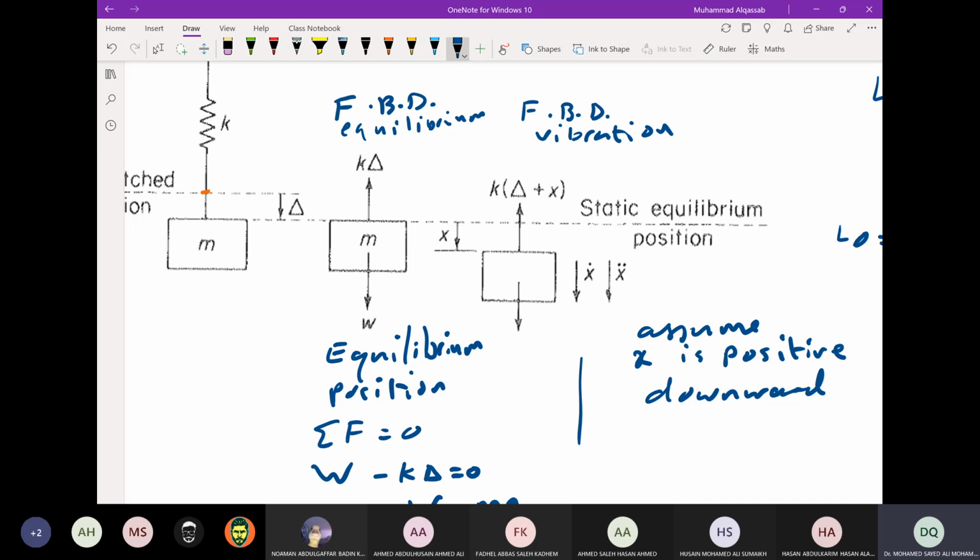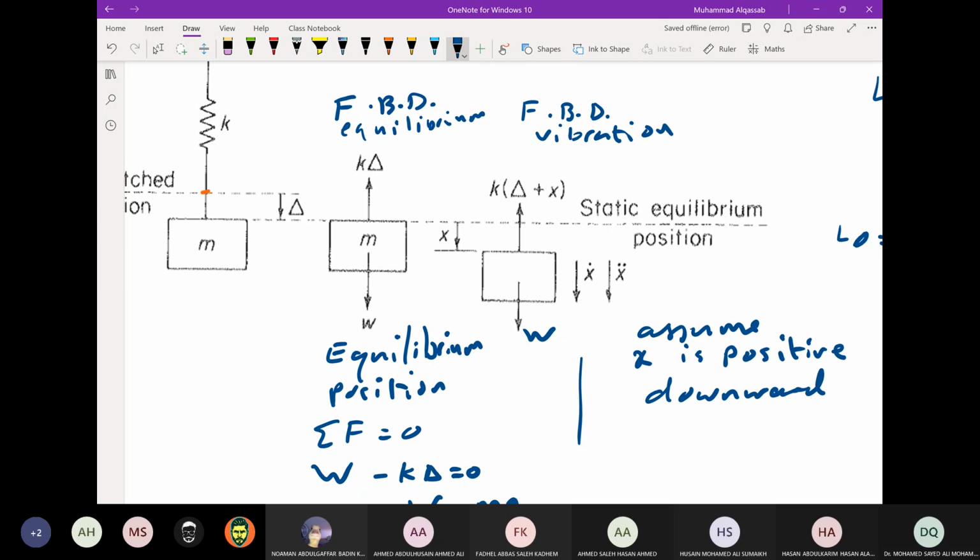Then the spring force will be more. The spring force will be K delta plus Kx, or K times delta plus x, where delta plus x is the total change in length in the spring. And the weight is still the weight. It is the same.